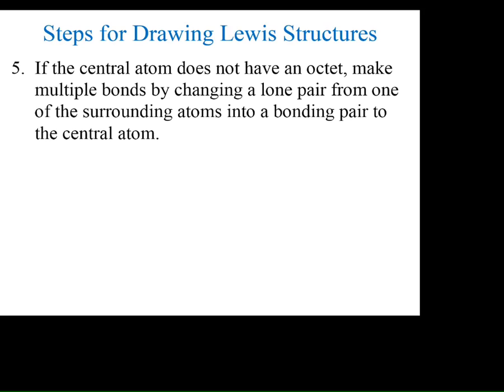So just write it down, then I'll explain it. So you always check to make sure the center atom has 8 around it. If it only has 6 or 4, you're going to have to start doing some shuffling of electrons until it gets 8.